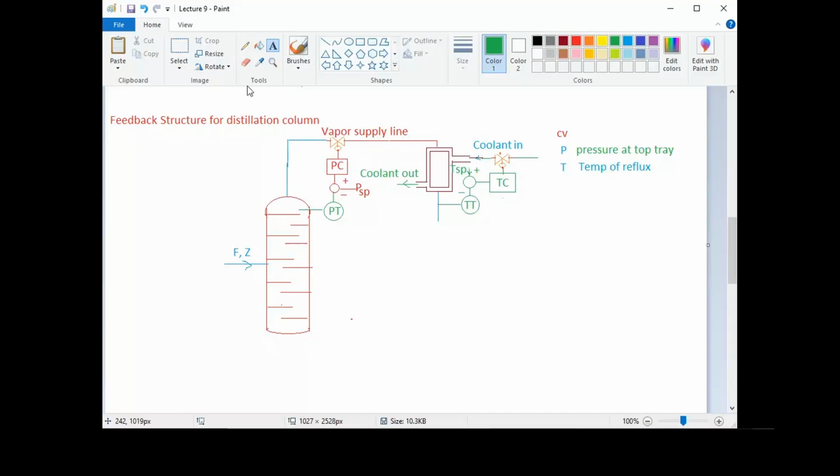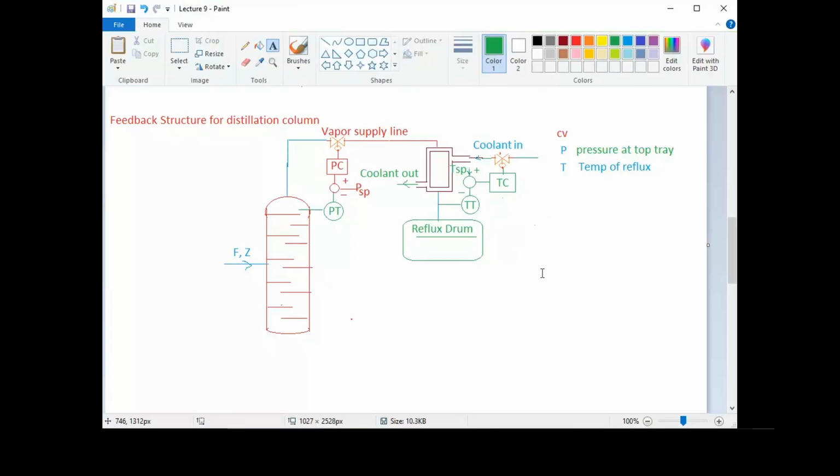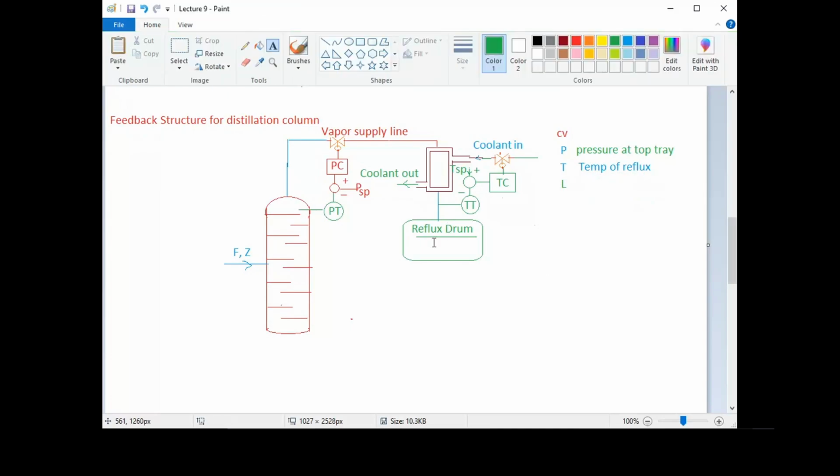Okay, now we will move ahead. Now we have this reflux drum. We have accumulated liquid or fluid inside this reflux drum. So now our third variable is the liquid level of this reflux drum.